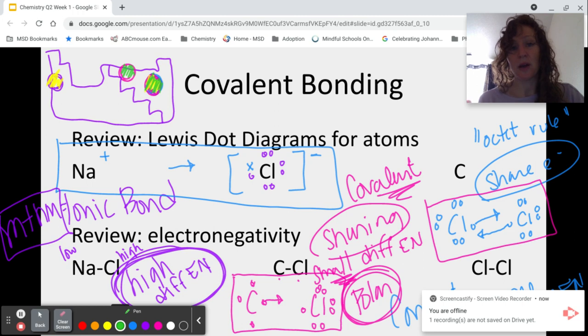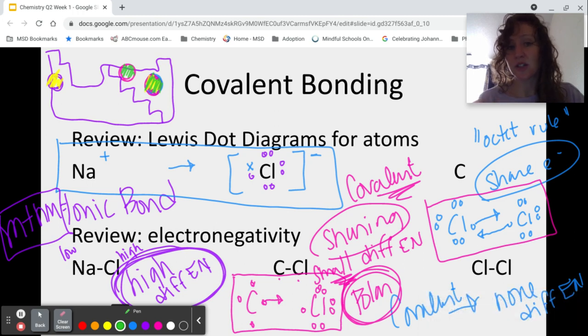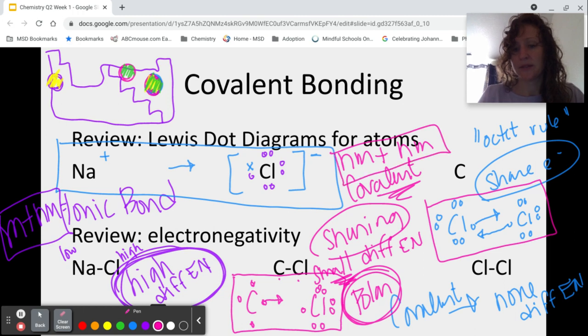Whether it's a covalent bond that has a small difference in electronegativity or a covalent bond with no difference in electronegativity, they're always going to be a nonmetal bond. And that's how we determine whether something is going to be ionic or covalent. But now you understand why. It all comes down to the difference in electronegativity.